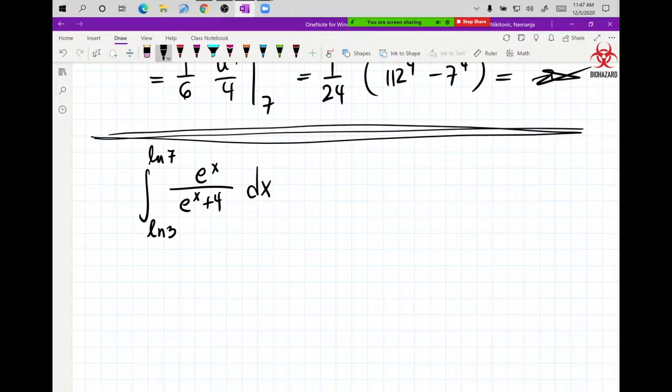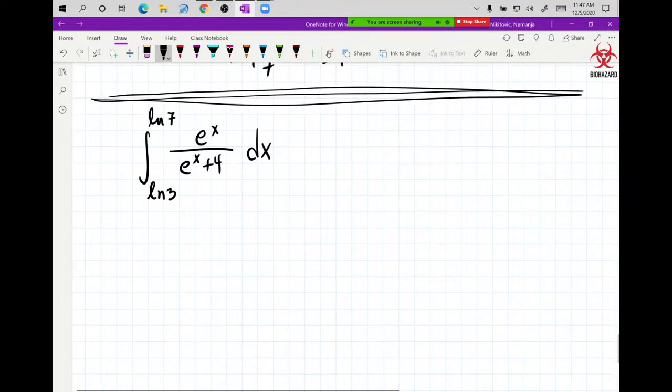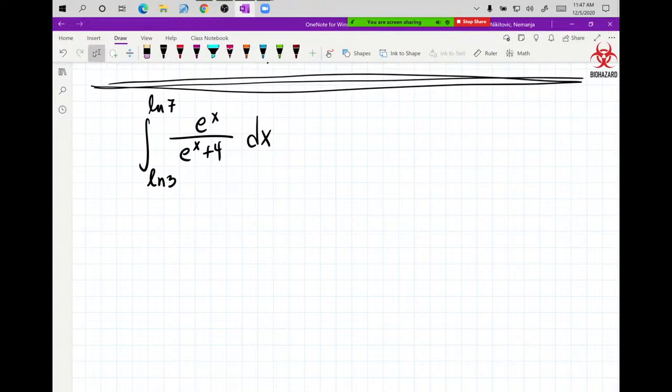So now we need to decipher first what's u, compute du. We need to change our limits, and then the problem will be done. Now let's do this problem together.